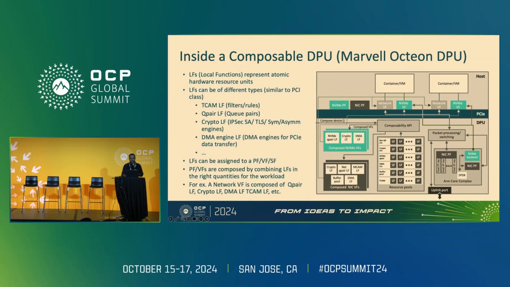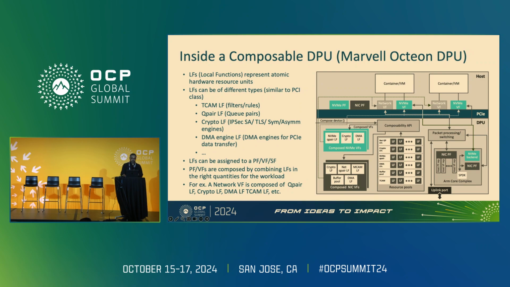So this is an example of a composable DPU. A Marvell Octeon DPU is being shown here. When we wanted to make these DPUs composable, we looked at what hardware units are atomic and can be assigned to VFs and PFs to make higher order devices.